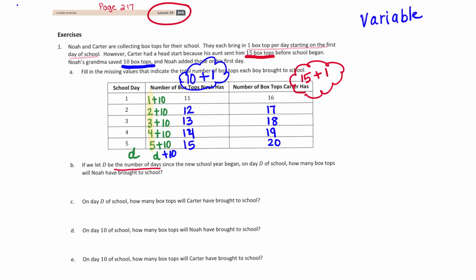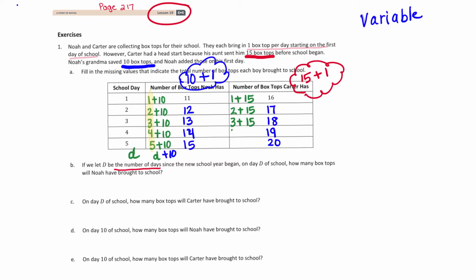Now that you see the pattern here, we're going to go to the next one over here, and we're going to do it for Carter. How do we get 16? Well, on the first day, he was given the 15 box tops, plus the first day, that will give you 16. On the second day, he would have 2 days plus 15, that would give him 17. On the third day, 3 plus 15 would be 18.